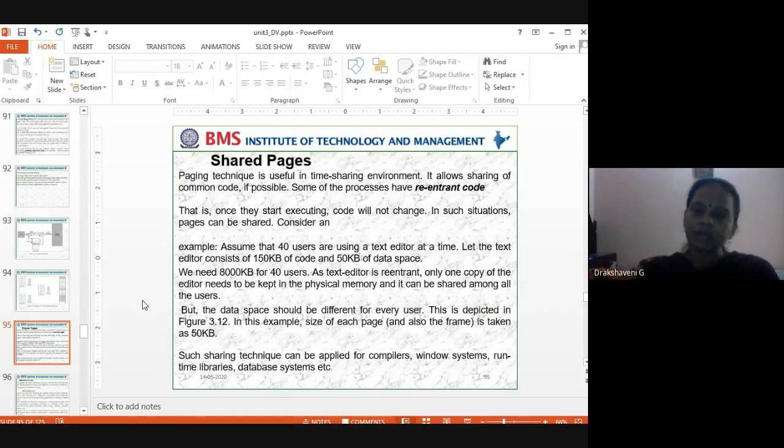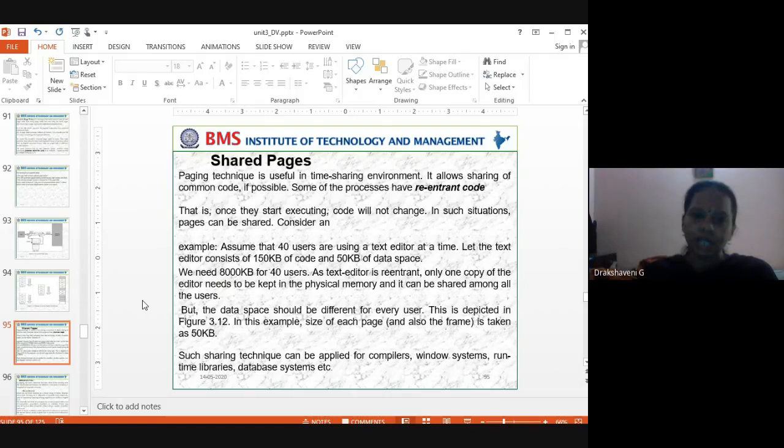Shared pages. Sometimes, in the same way that you have built-in functions in your compiler, like the header file #include stdio.h, stdio.h can be shared by so many programs. Any number of programs you write, all of them share it. In the same way here, what are shared pages?